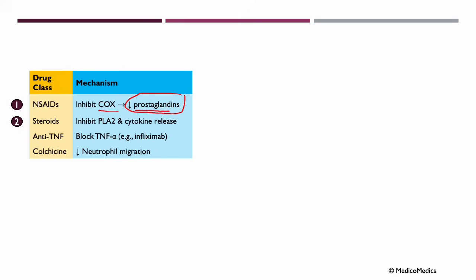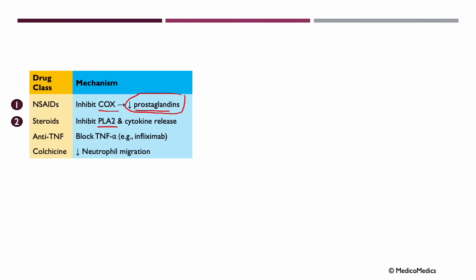Next, we have steroids. So steroids block phospholipase A2, or PLA2 here. And this prevents the release of arachidonic acid, and we're going to talk about what that is shortly. Now, they also suppress many other cytokines.